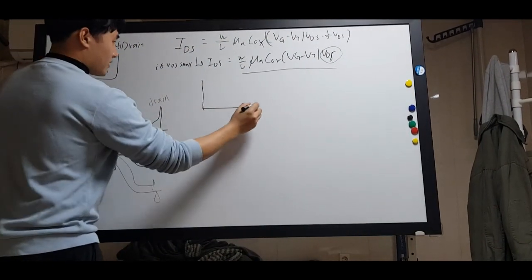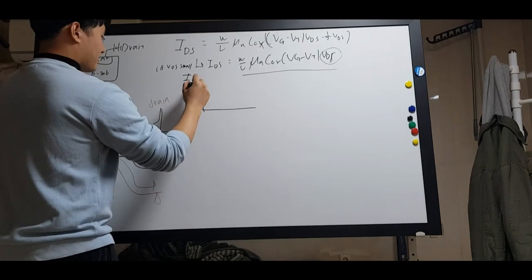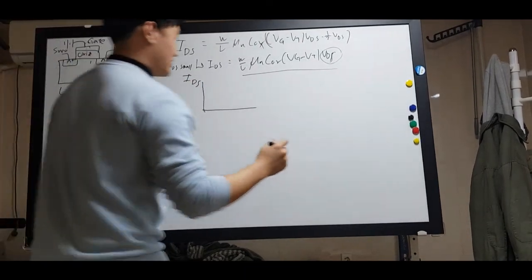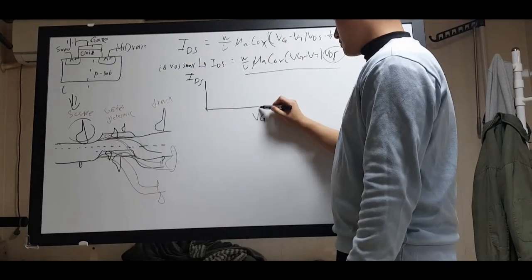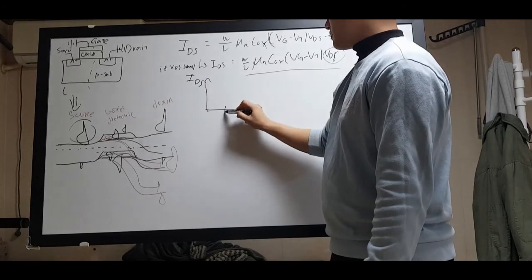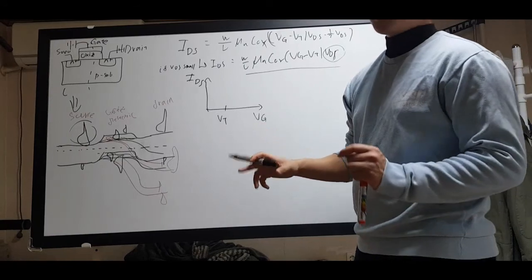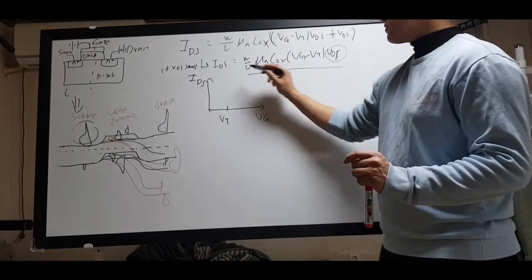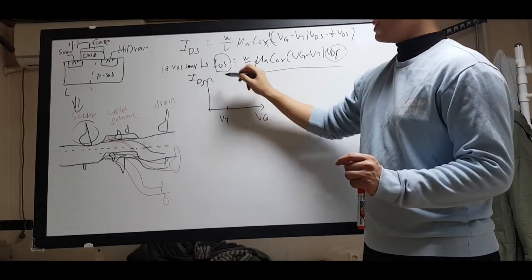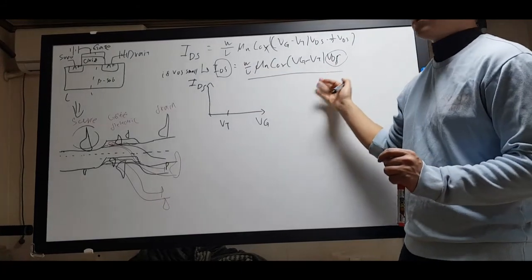So draw the graph of the current from drain to source against the gate voltage. Here is the threshold voltage. When the gate voltage passes the threshold voltage, the current will increase linearly by this equation.